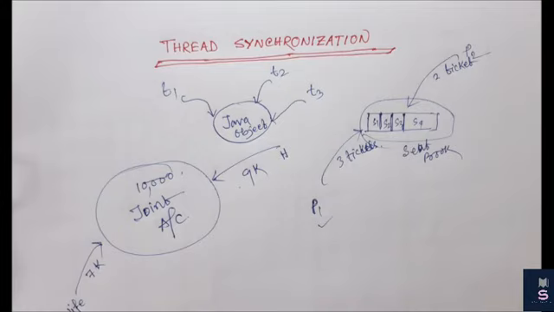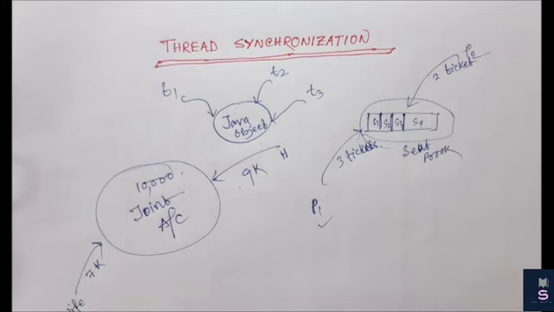So the data inconsistency problem can be solved by using synchronization, or by using the synchronized keyword. We can synchronize the whole method, or we can synchronize a particular block within a method. So what is the biggest advantage of synchronization?